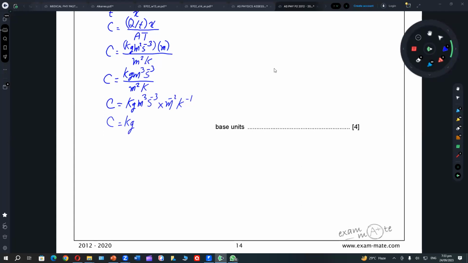Kg, it will be 3 minus 2, 1, s minus 3 and K minus 1. So this is actually the unit for C.